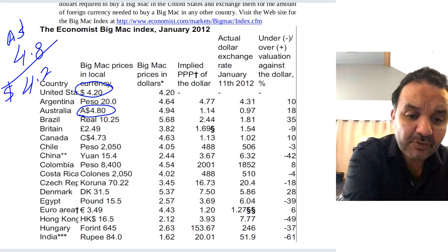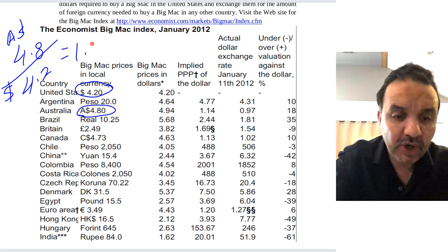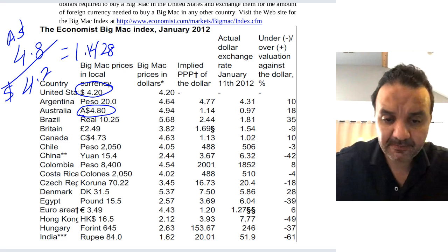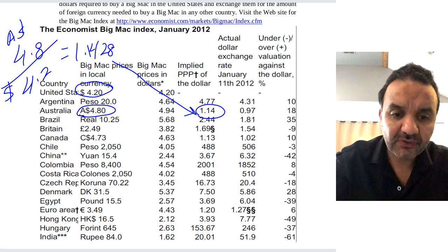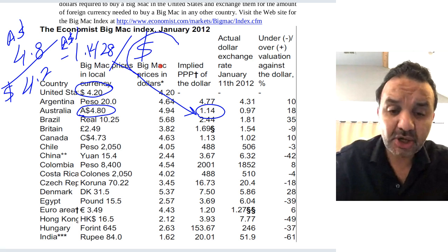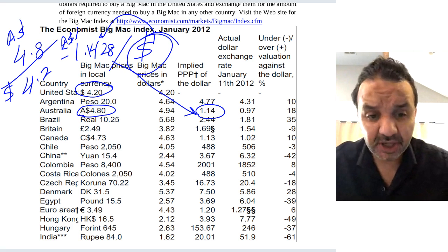If you divide 4.8 by 4.2, this gives you 1.1428, which is this number. So 1.14 again, Australian dollars per $1. This means, based on the Big Mac Index, 1 US dollar should be exchanged for 1.14 Australian dollars.